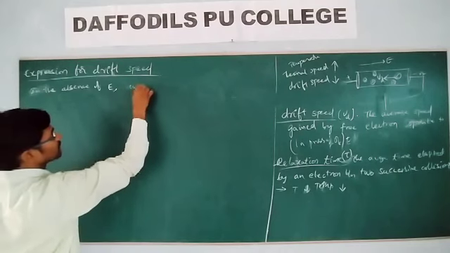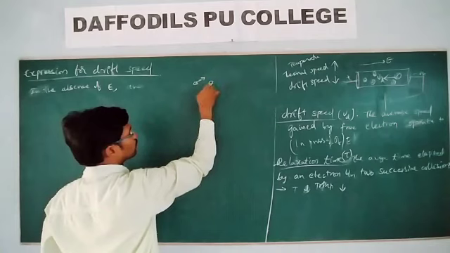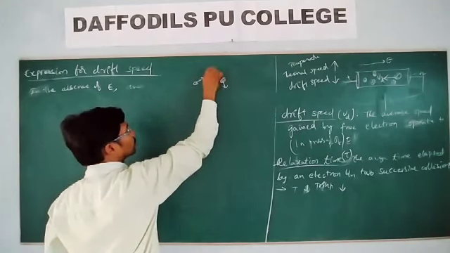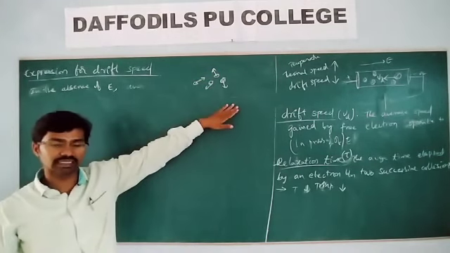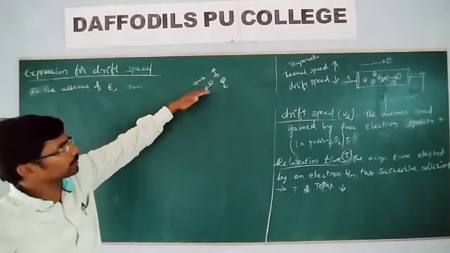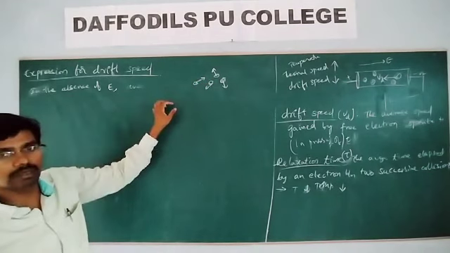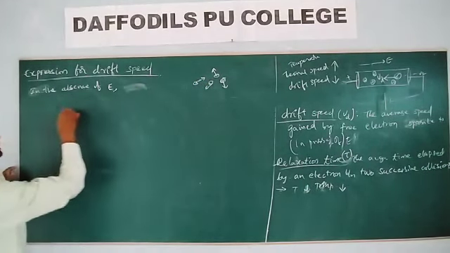One electron is moving in this direction, another in that direction, and some more in other directions. That means the number of electrons moving in one direction is equal to the number moving in the opposite direction. Because of that, what is the average velocity?